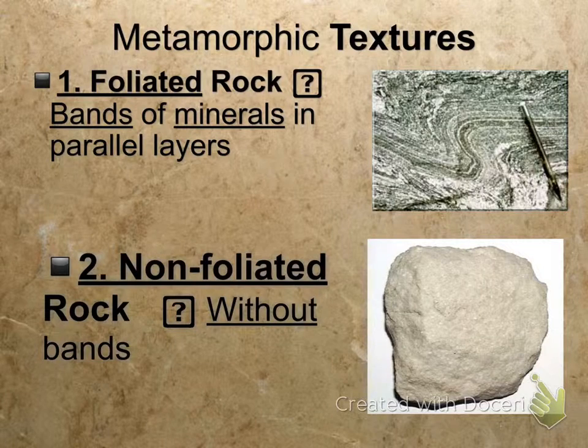So during metamorphism, if the rocks are exposed to pressure, then the minerals will align themselves and you'll get layers. Or you could have non-foliated, which does not have layers. So this type of metamorphic rock would probably not have been exposed to pressure like a foliated rock would.